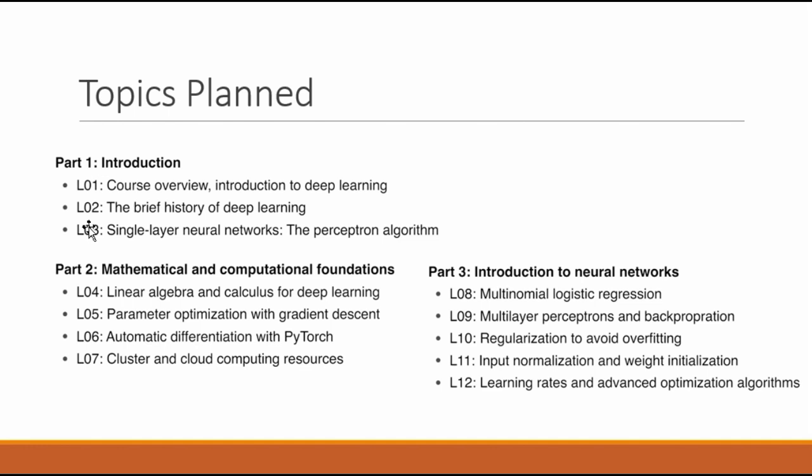Deep learning, you can think of it as a fancy term for neural networks, and neural networks have been around for at least 60 to 70 years now. Some ideas emerged very early on that motivated the development of different later ideas. And we will be covering a lot of things related to neural networks.